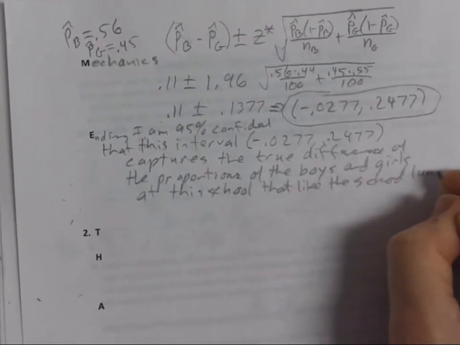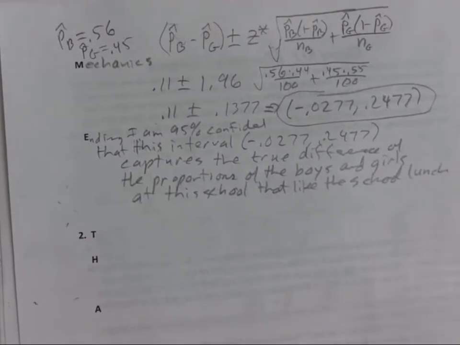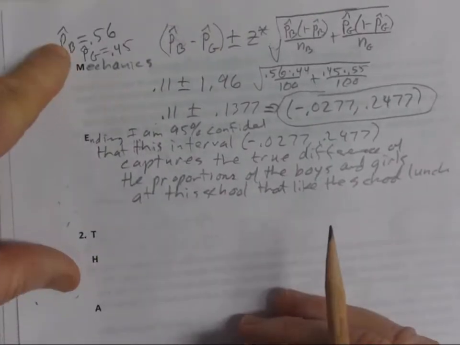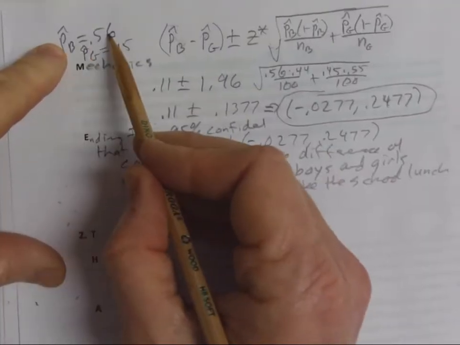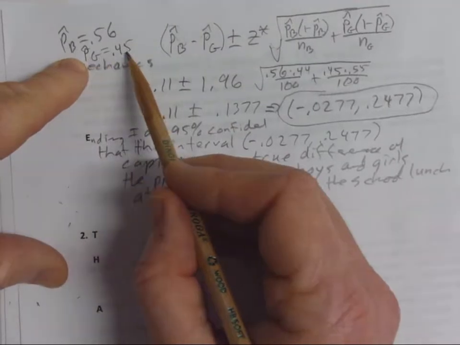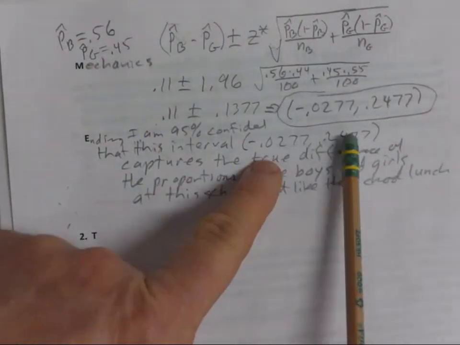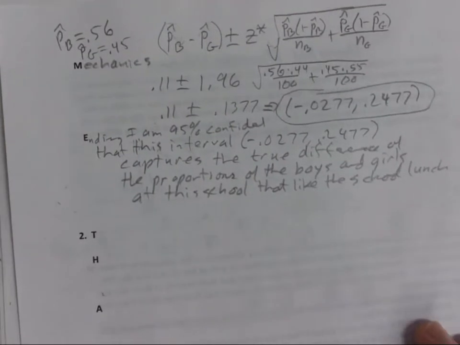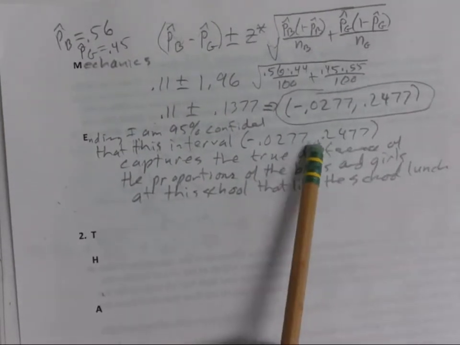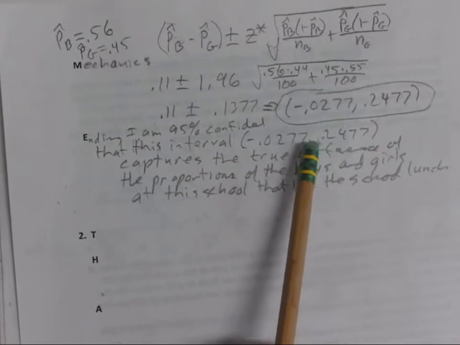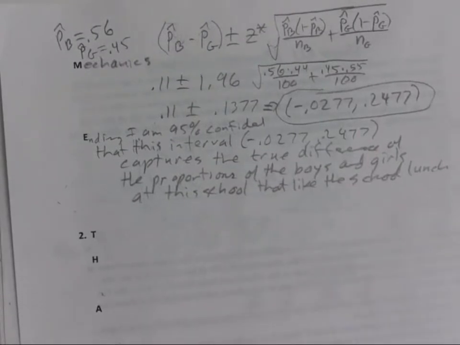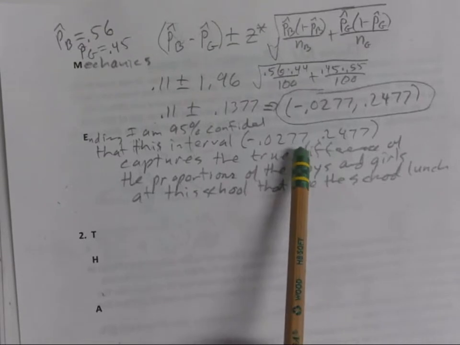I realize that is a bit cumbersome, but the whole premise of this is this is an estimate for the proportion of all the boys, that's an estimated proportion of all the girls, and we found the difference, and we are 95% confident that the true difference is in essence in there. And of course, one of the things that's going to be most interesting to us in this chapter, and this is going to be asked a lot on the exam, is what is in this interval?